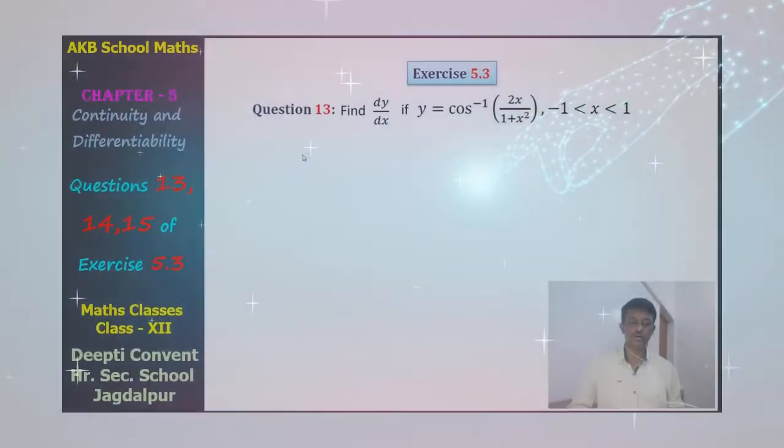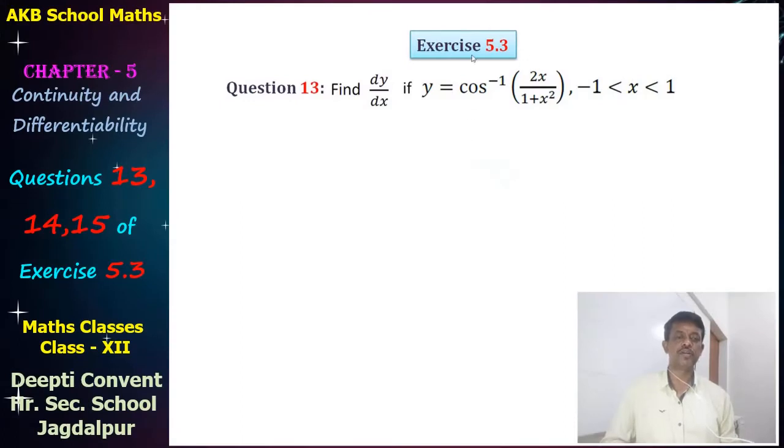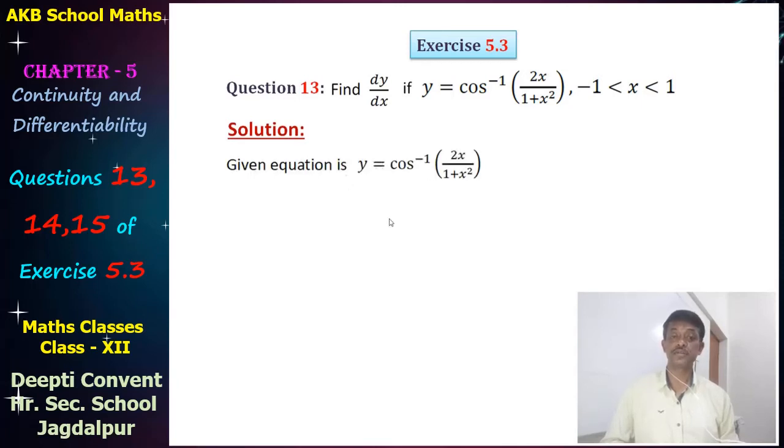Question 13 of exercise 5.3. Here also find dy by dx, y equals cos inverse of 2x by (1 plus x square). You know that 2 tan theta upon 1 plus tan square theta equals what? Sin 2 theta. So x equal to tan theta, you have to substitute here. Given equation is y equal to cos inverse of 2x by (1 plus x square).